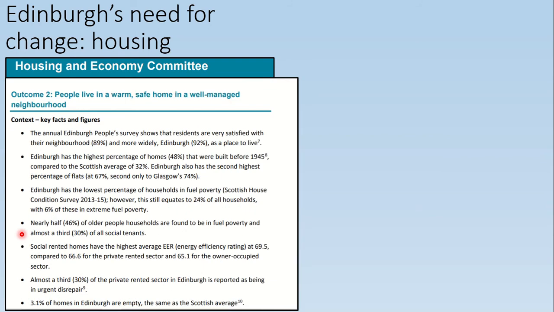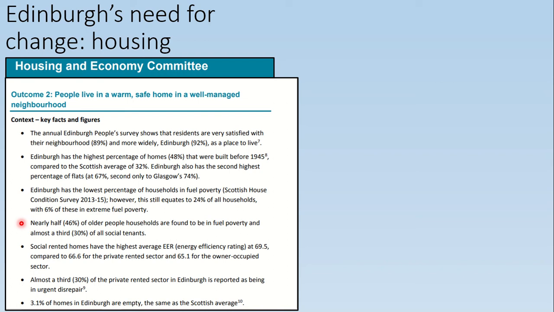The second half of this document refers to what we might call building standards, the quality of the buildings. Again, read through these for yourself, pause the video and look through them, take some notes, but one that I would draw your attention to right now is that nearly half of older people households, so pensioners, are found to be in fuel poverty, which means that they cannot afford to heat their own homes.